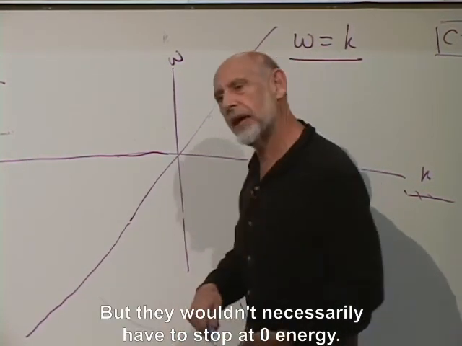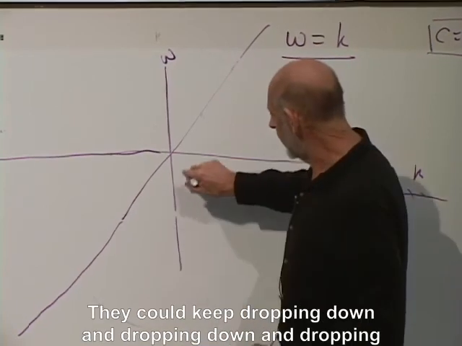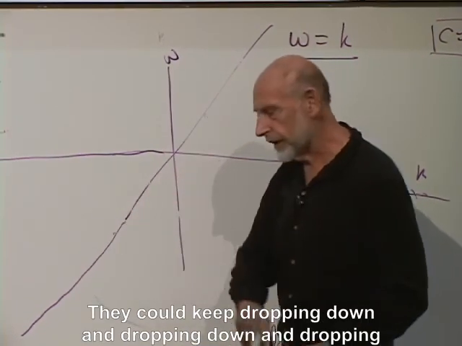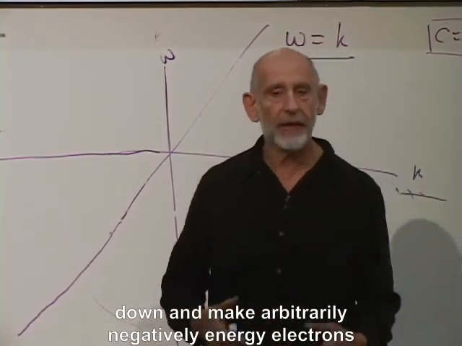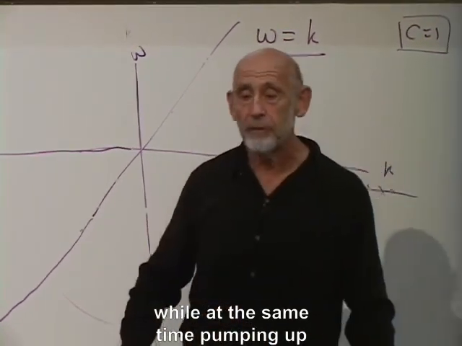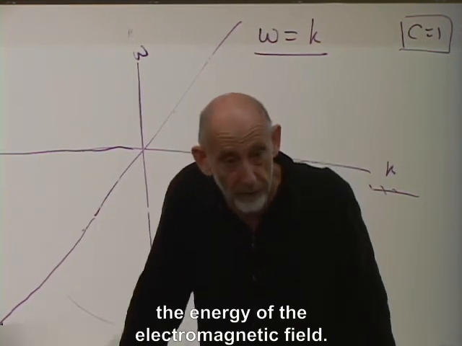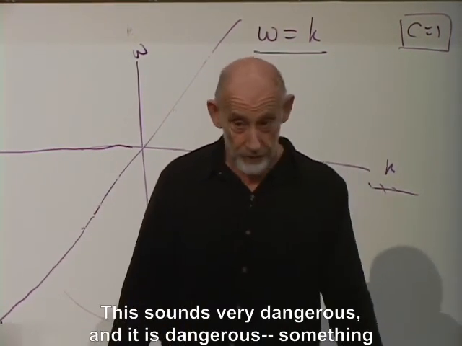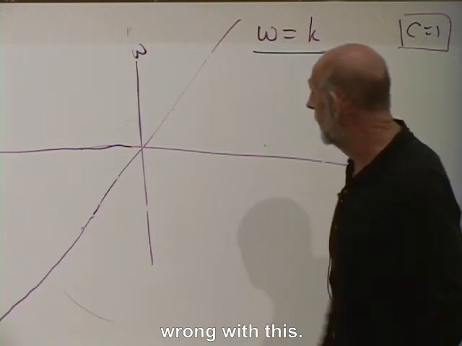But they wouldn't necessarily have to stop at zero energy. They could keep dropping down and dropping down and make arbitrarily negative energy electrons while at the same time pumping up the energy of the electromagnetic field. This sounds very dangerous, and it is dangerous. Something wrong with this.